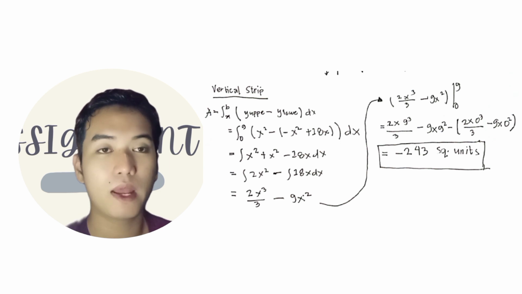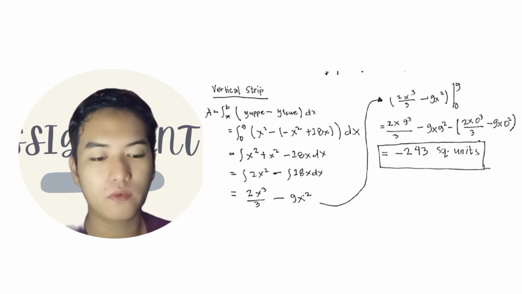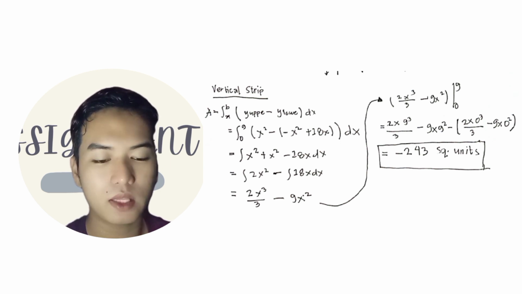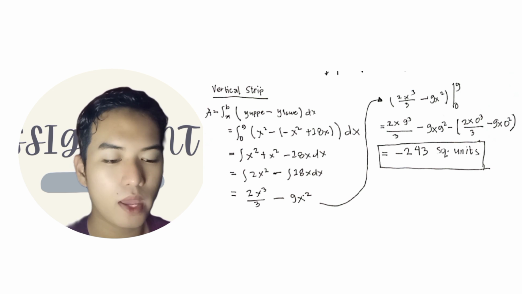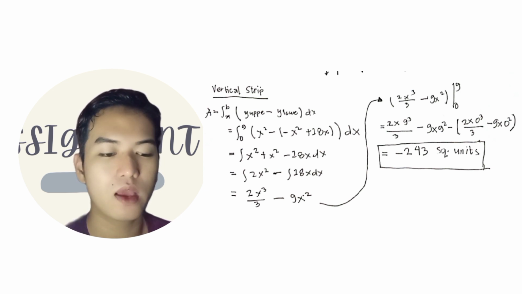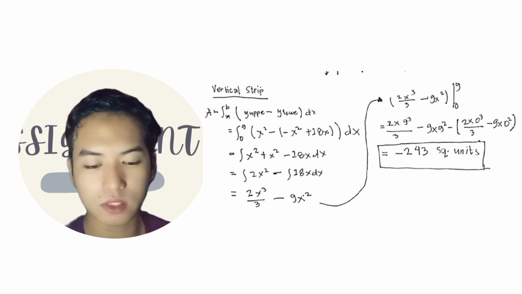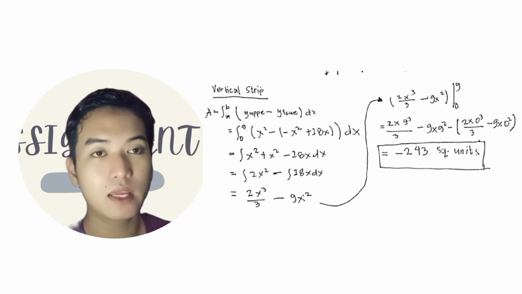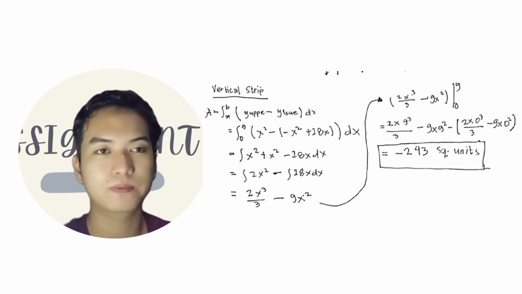We plug into the formula: 2 times 9 cubed over 3 minus 9 times 9 squared, minus 2 times 0 cubed over 3 minus 9 times 0 squared. To calculate all this, we come up with the final result, which is negative 243 square units.